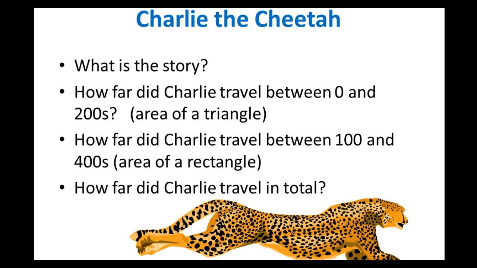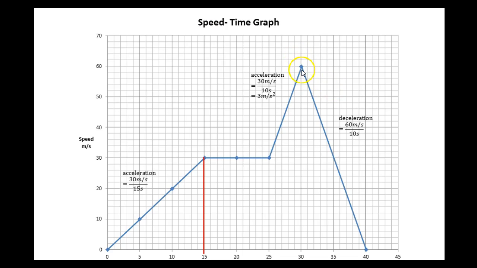And then in the final part of the graph, we go back down from 60 meters per second to 0. Remember, the vertical axis is speed and the horizontal axis is time, and that just takes 10 seconds. And so that's the story. If we want to calculate the acceleration, then we just need to put the change in speed divided by the time taken.